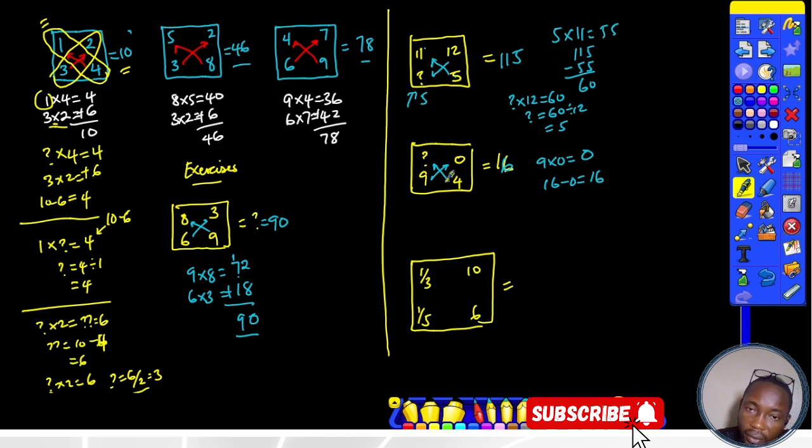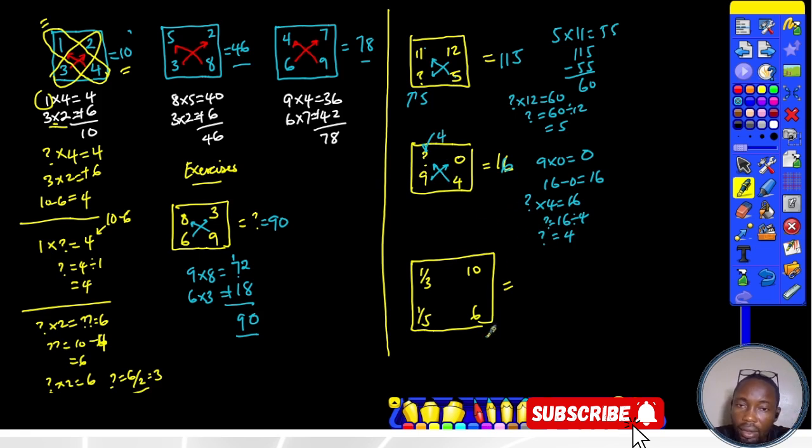So it means that 4 times this number should give us 16, which is going to be 16 divided by 4 by reverse engineering. We're going to have 4. So that missing number is 4 too. The missing number here is 4.